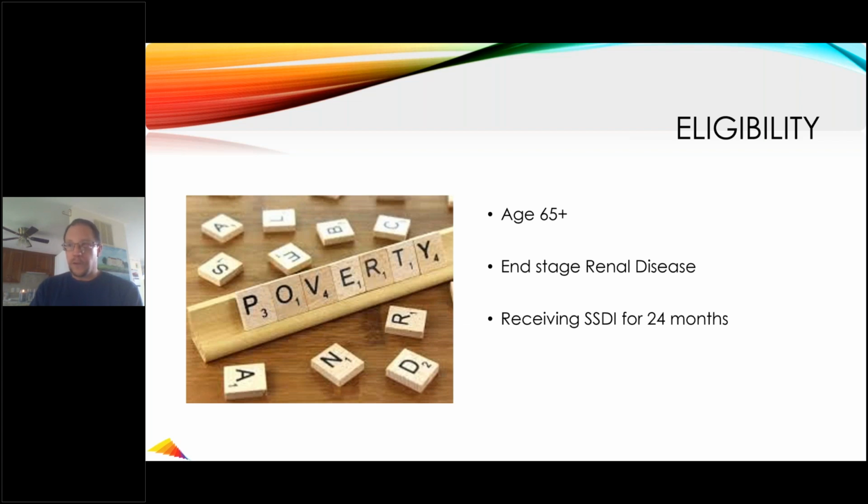Let's say they are receiving SSI, they're found to be disabled before the age of 22, they're approved for Medicaid. Let's say when you retire, your child is 19 years old.